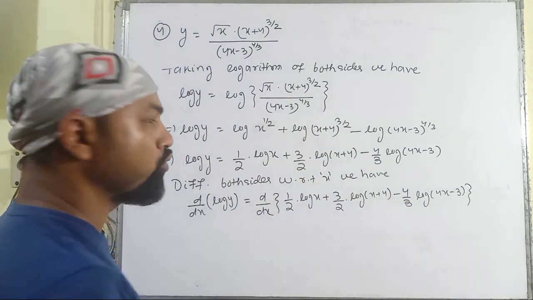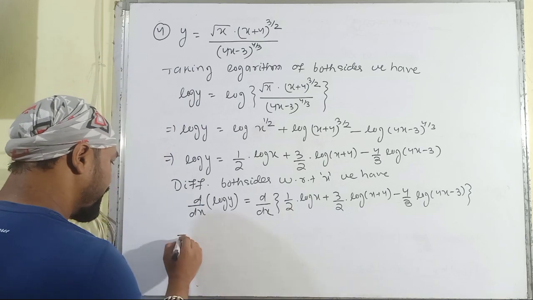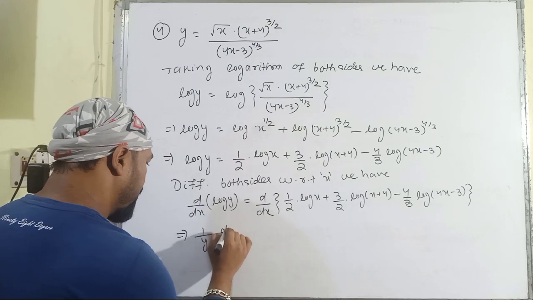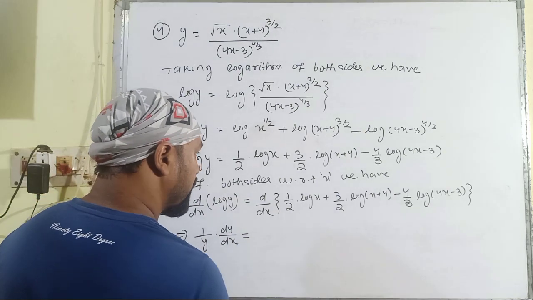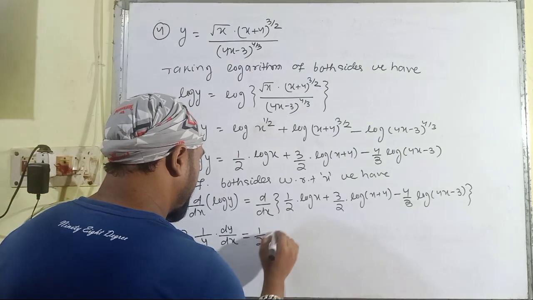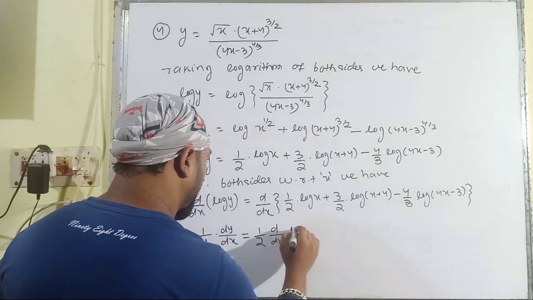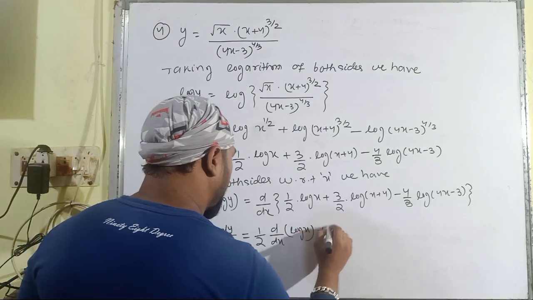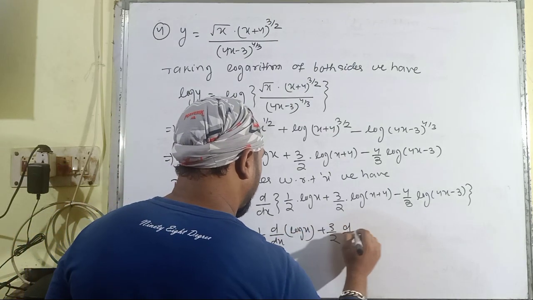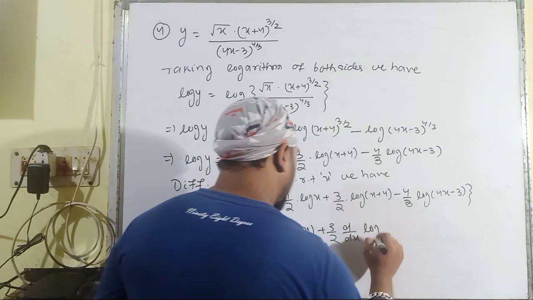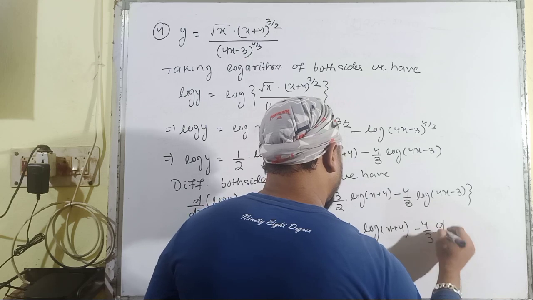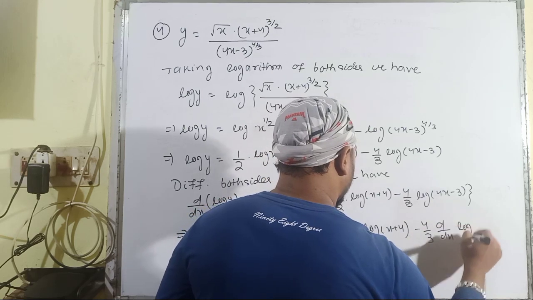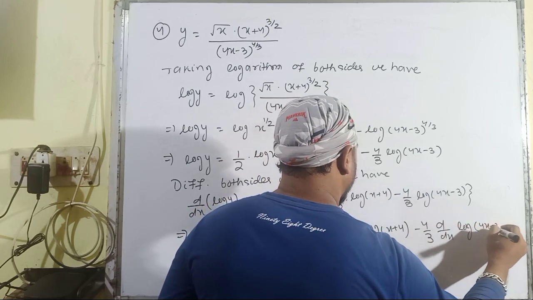Then here you have to use the algebra for derivative. (1/y) dy/dx is half multiplied with the differentiation of log x, plus 3/2 multiplied with the differentiation of log(x+4), minus 4/3 multiplied with the differentiation of log(4x-3).